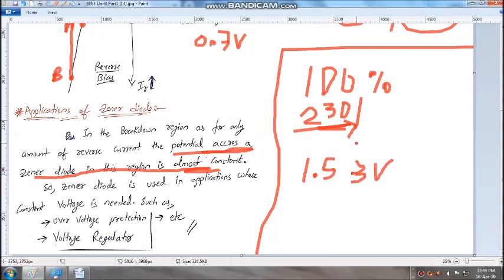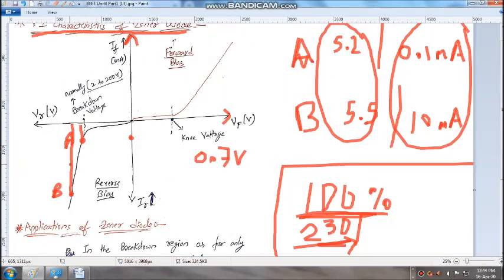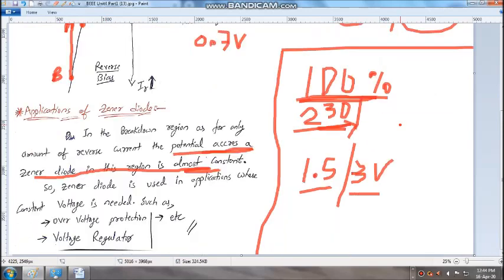So most consumable equipment will run at a constant voltage. So a Zener diode can regulate the voltage, and we can use it to maintain the voltage at a constant value.